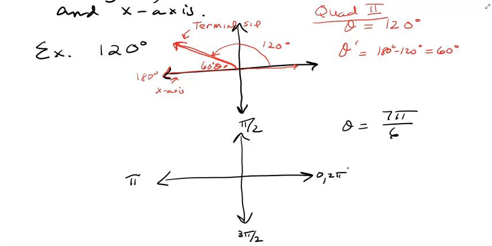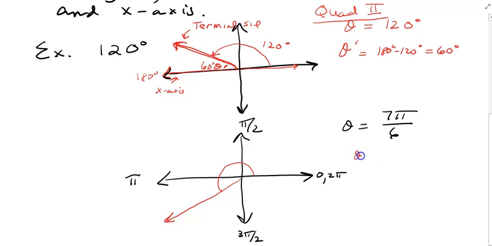So 7 pi over 6, if I'm trying to figure out where that falls, well, 6 pi over 6 is the same as pi. So 6 pi over 6 falls directly where pi is. So 7 pi over 6 is going to be a little bit beyond that. How do I figure that out?